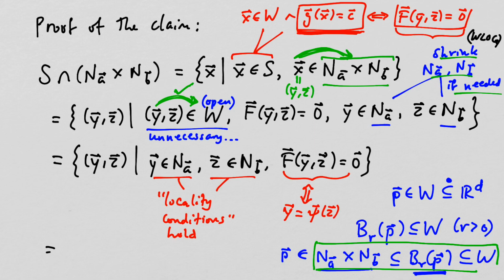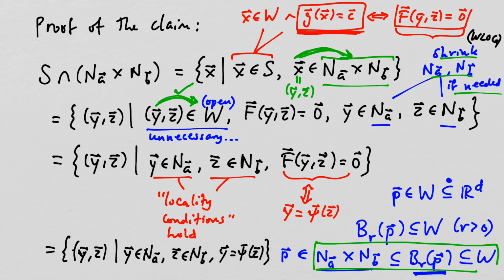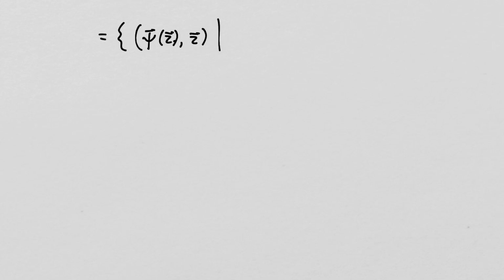And that's going to turn the set into the set of all points yz, such that y is in this neighborhood, z is in this neighborhood, and y is exactly psi of z. Okay, but once we know that y is psi of z, I can replace y in the concatenation with psi of z. And then just say that z is restricted to this neighborhood.